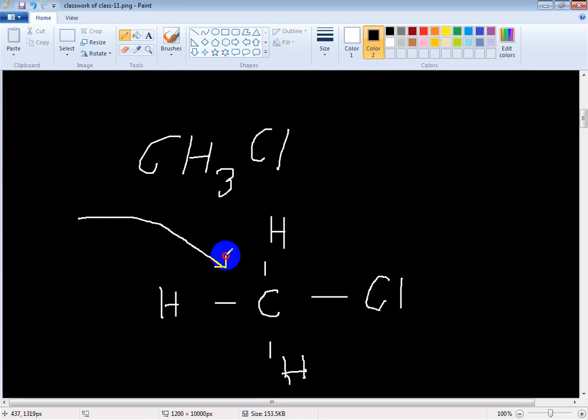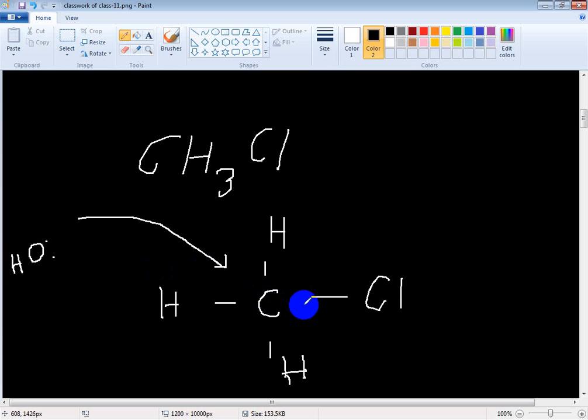In a methyl halide, the nucleophile can easily attack the alpha carbon. There is no steric hindrance, no bulky group.